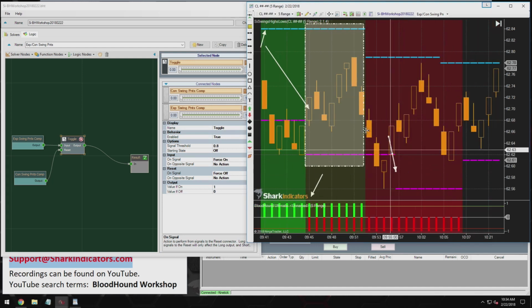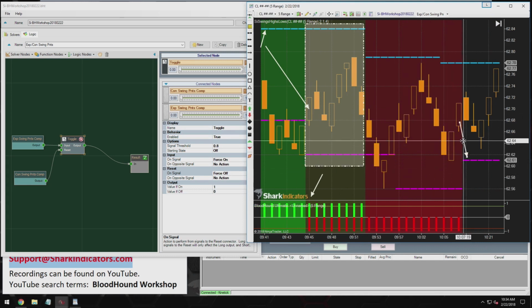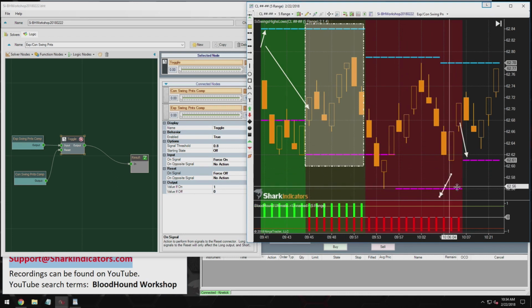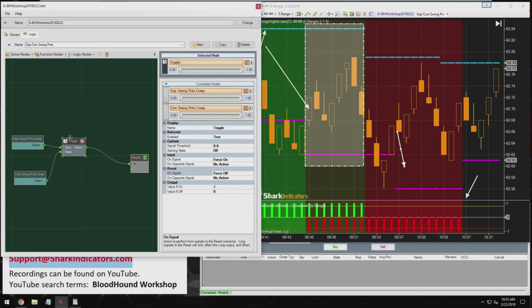As long as the swing lows keep stepping down, the swing lows are expanding until we get here. And then we can see on BloodHound, the short output stops as soon as the swing low goes into contraction. So that's what we're seeing. That's what this toggle node is doing for us.